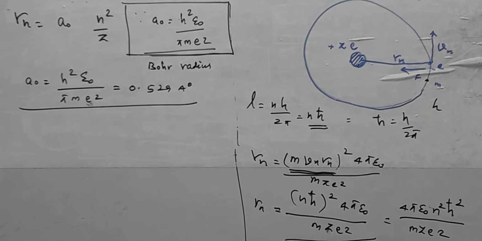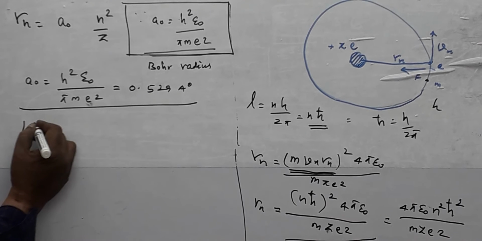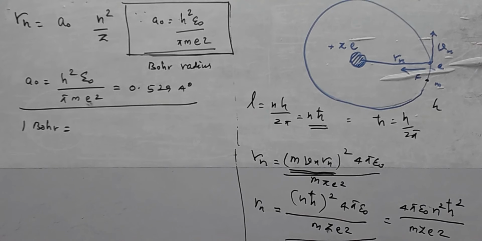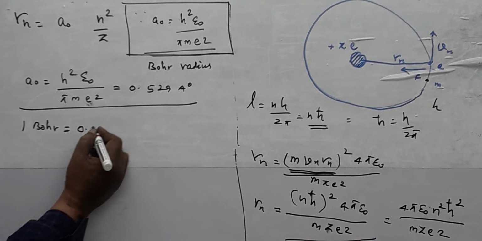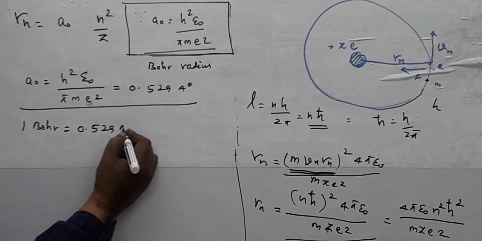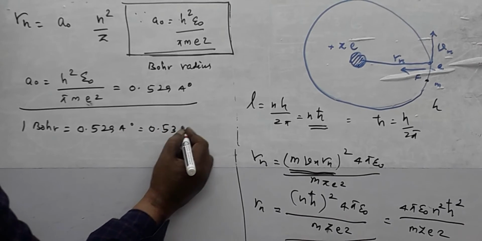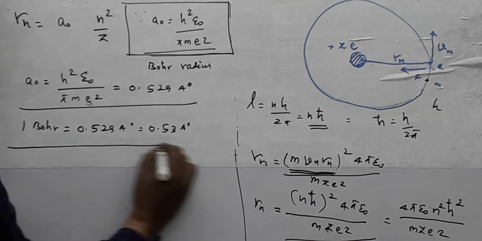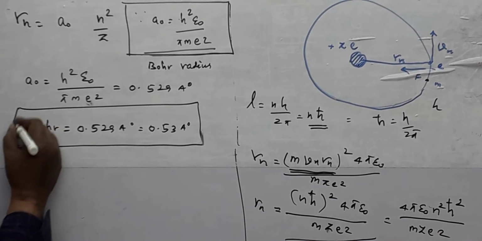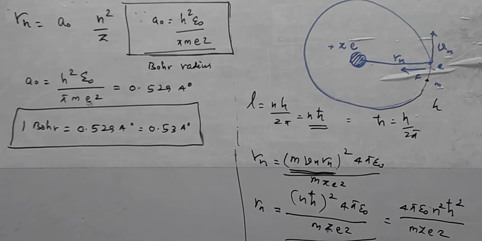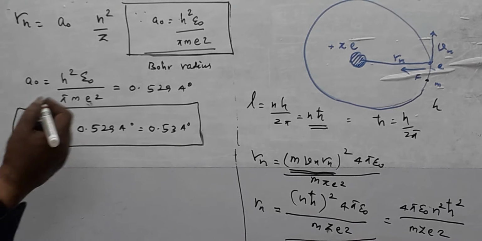Bohr radius is also used as a unit of length called Bohr. One Bohr is equivalent to 0.529 Angstrom, or 0.53 Angstrom. This is a very good equation, and one possible question is: one Bohr is equal to how many Angstrom?